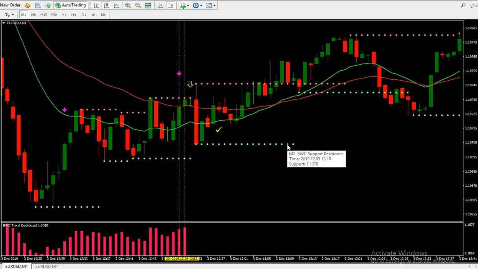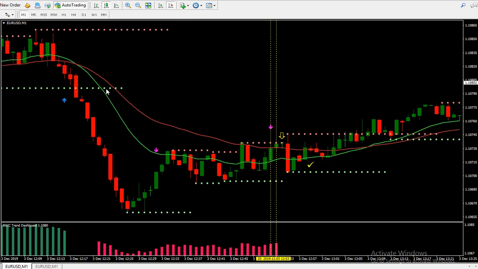The rules are very simple. In a downtrend, as seen by the moving average lines, the red and the green. Of course, green has to be below the red. This is the shorter moving average. This is the longer moving average. What is it? This is the histogram. Histogram is red. The green is below the red. So these two are telling you the trend.